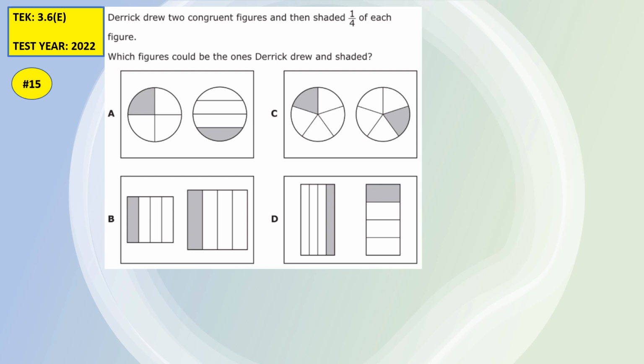Now we're moving into number 15. Derek drew 2 congruent figures and then shaded 1/4 of each figure. Which figures could be the ones Derek drew and shaded? Congruent figures.